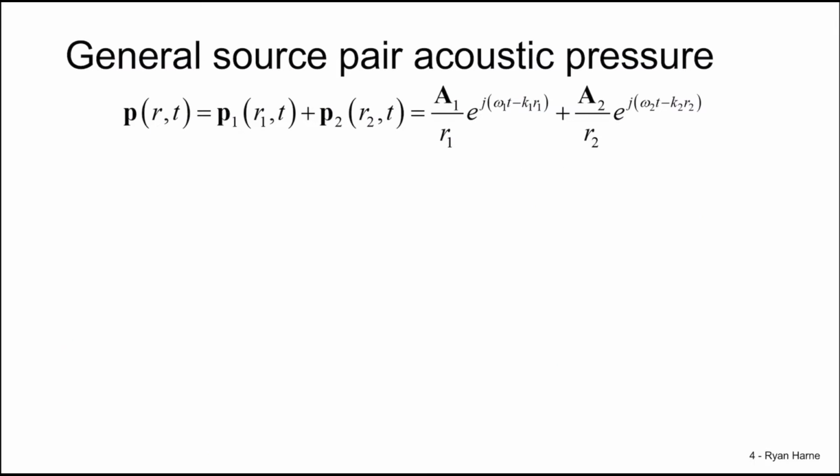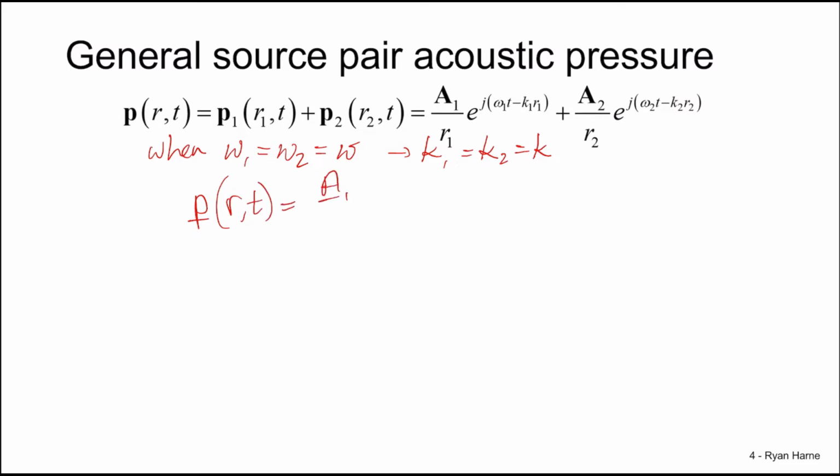In the case when omega 1 is equal to omega 2, which we'll just call omega, so likewise k1 is equal to k2, which we'll just call k, we need to simplify our expression. So the acoustic pressure then can become P as a function of R and T is equal to complex A1 divided by R1 multiplied by e to the j omega t.